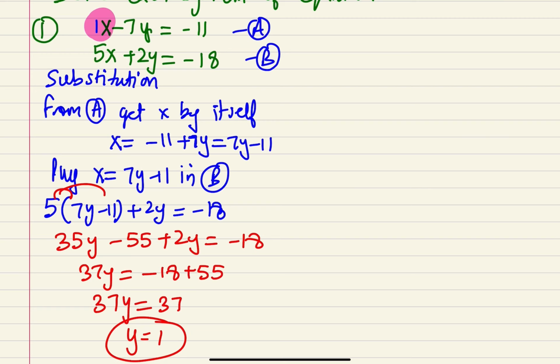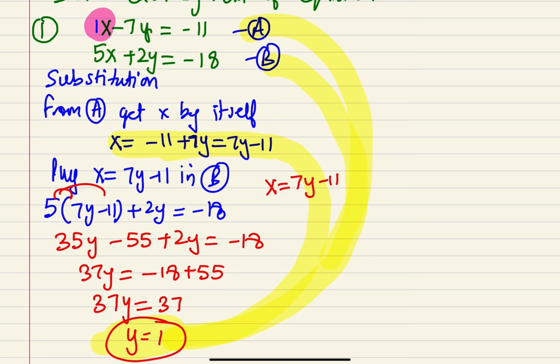Once we know y is equal to 1, once we have found one variable, we can plug y equals 1 into the first equation or the second equation, or even into the relationship that we found earlier between x and y, to find the x value. So I'm going to plug it into the relationship that we found earlier. We know x is equal to 7y minus 11.